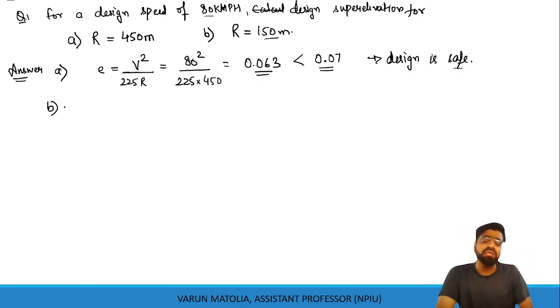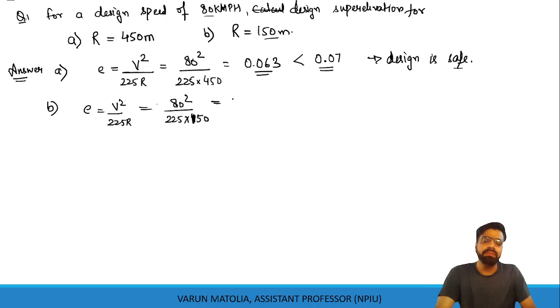Because for the second question, the radius is smaller. Obviously from this formula, if the denominator is small, the value of the overall fraction will be more. So let's write the formula as E is equal to V square by 225R, and again calculating, it is 150, I'm sorry, 150.